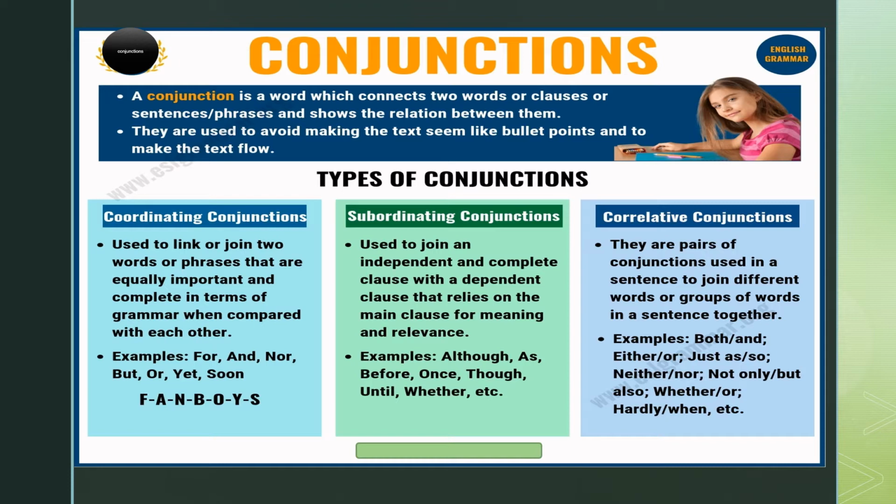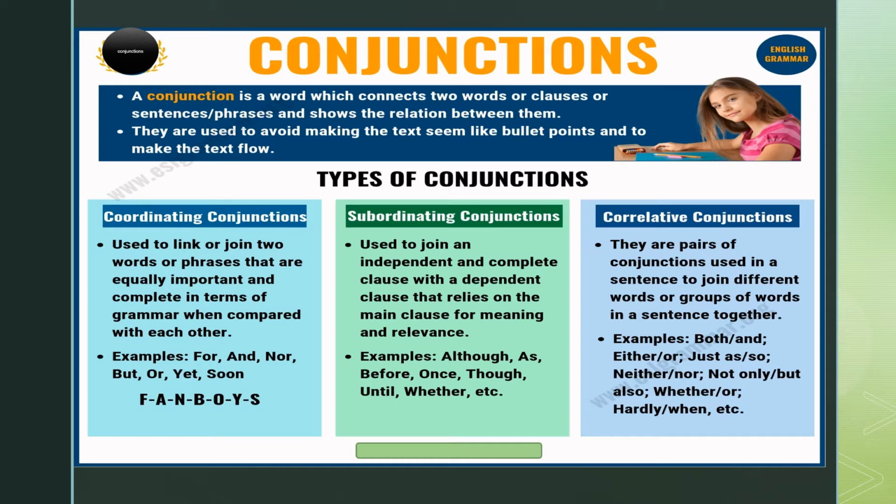Broadly, conjunctions can be defined as a word which connects two words or clauses or sentences, phrases, and shows the relation between them. It is basically used to help text or the sentences flow. It connects these sentences and helps us to understand the flow or makes the sentences or the text smooth.